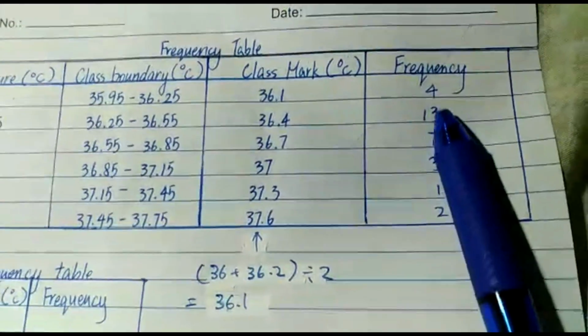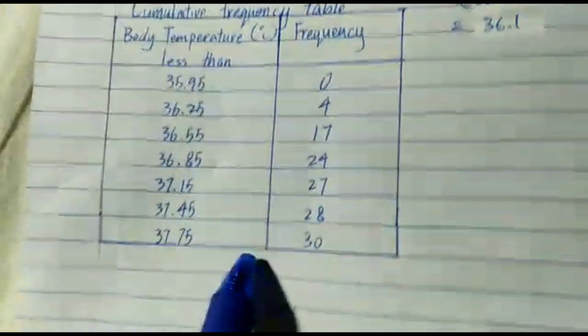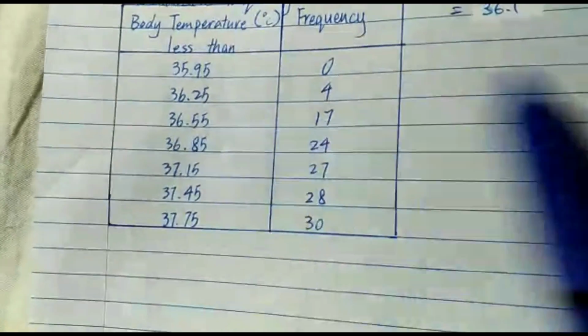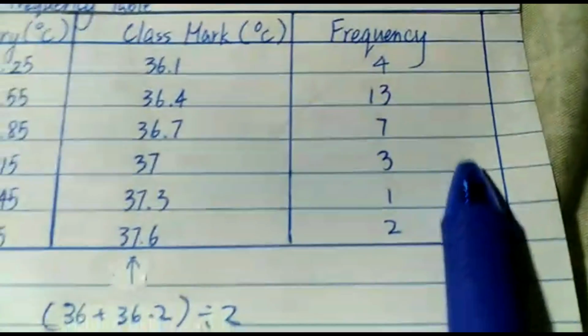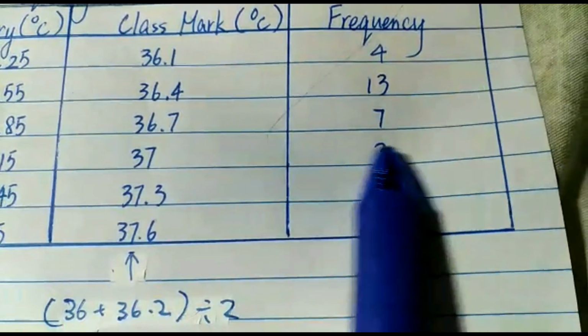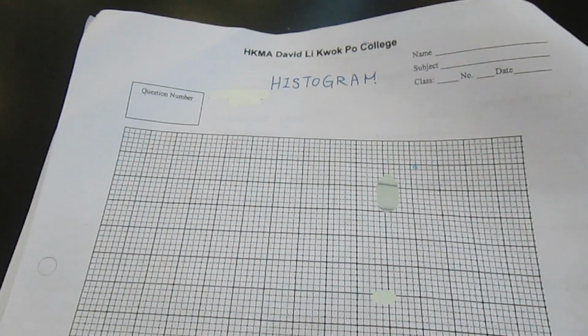So you have to add them together, and so on. 17 plus 7 is 24, and then 27 plus 3 plus 1 is 28, and then 28 plus 2 is 30.